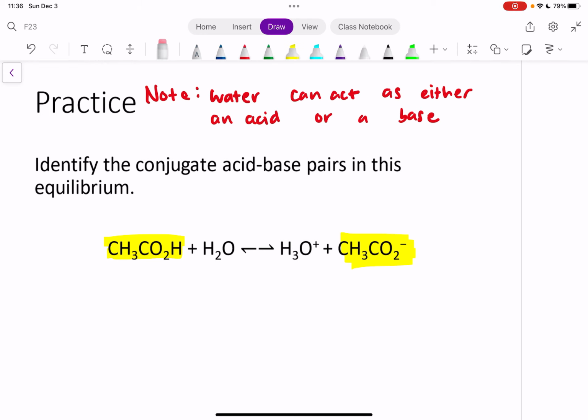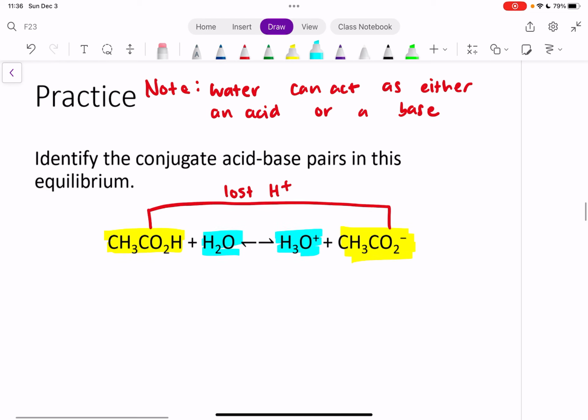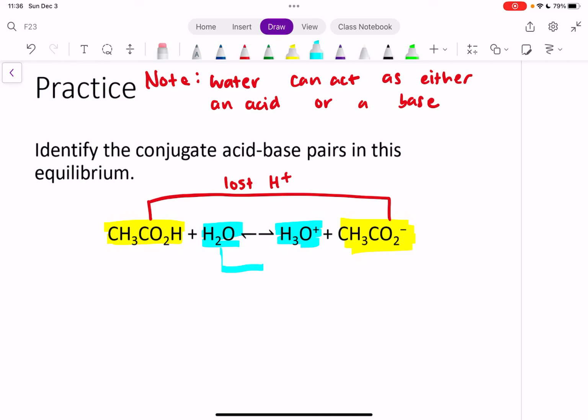So what happened here? Well, it looks like from here to here, we lost a proton. And from here to here, we gained a proton.